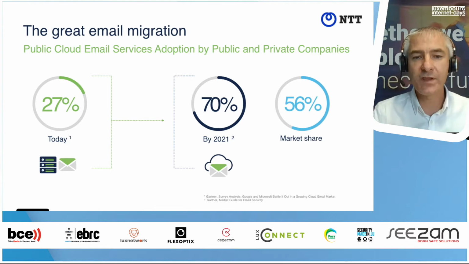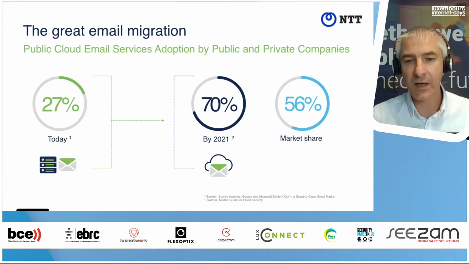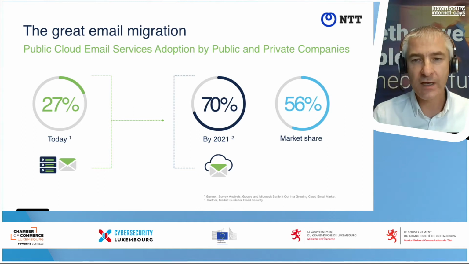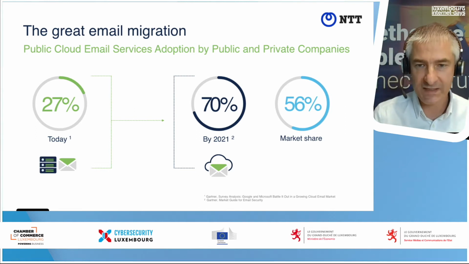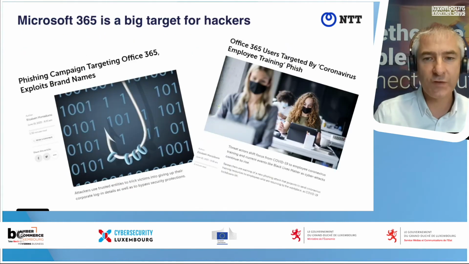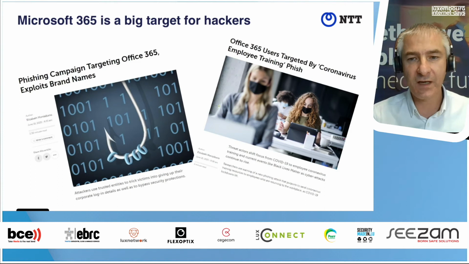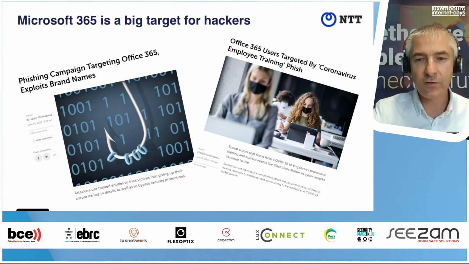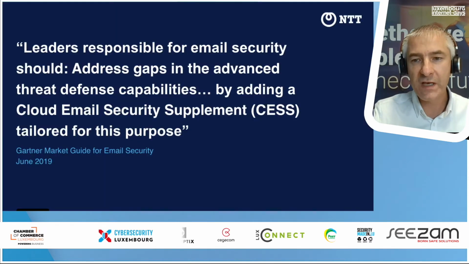And within that email ecosystem, 56% of the market share is for Microsoft 365. So you can imagine that Microsoft 365 is a big target for hackers. And you have seen that with many examples in the press in the last couple of weeks and months.